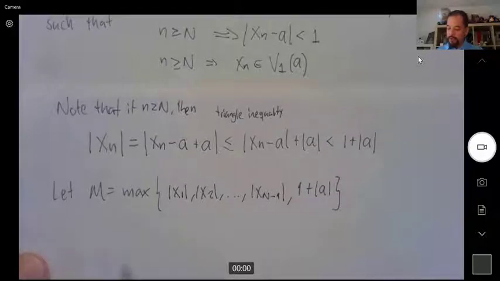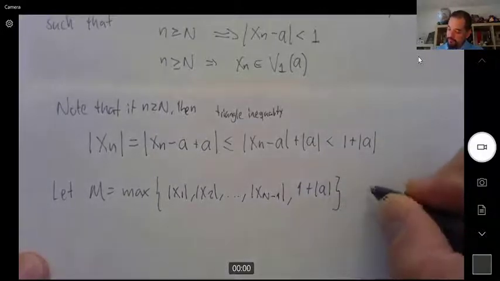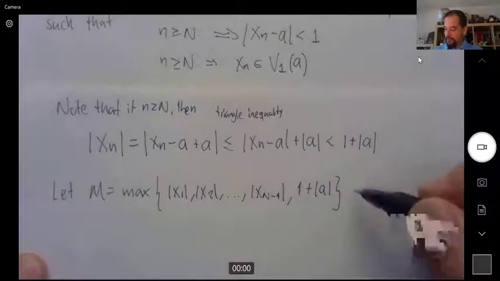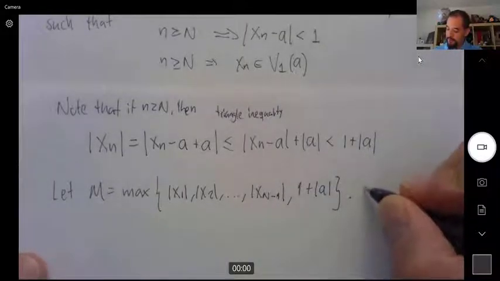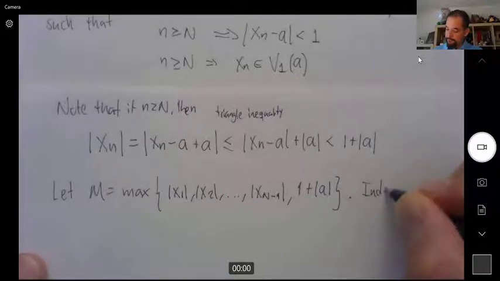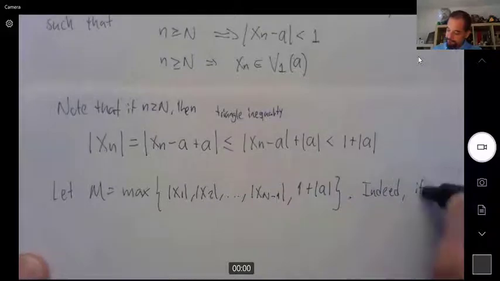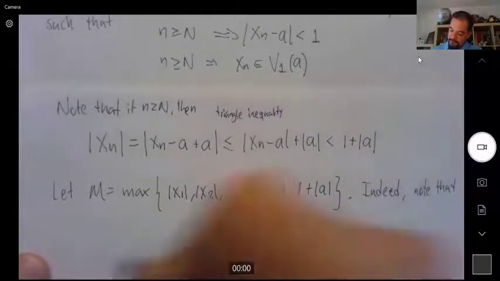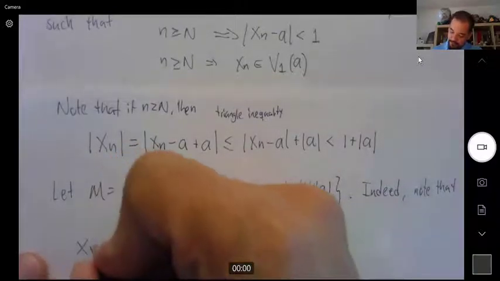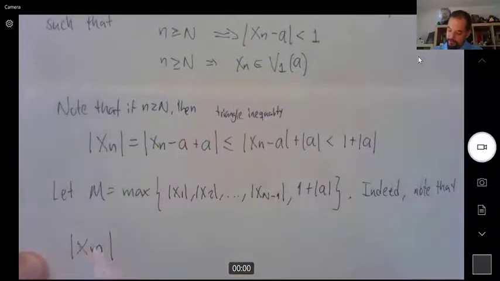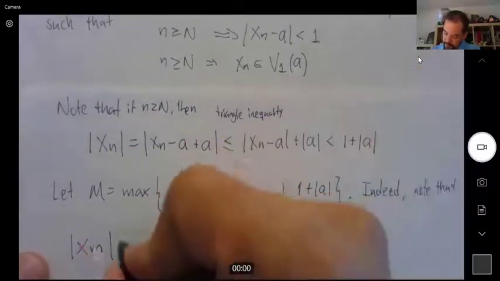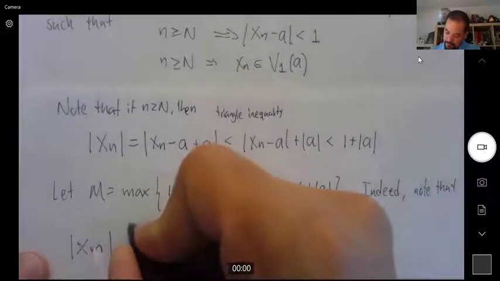Why would it work? Well, I could just finish the proof here and say that it works, but I'm just going to add a sentence. So indeed, note that xm in absolute value, the following happens. It has two possibilities.